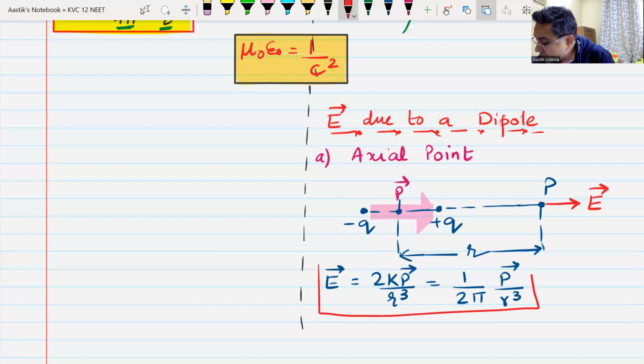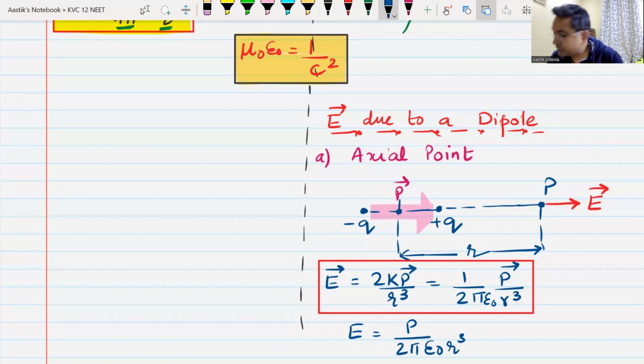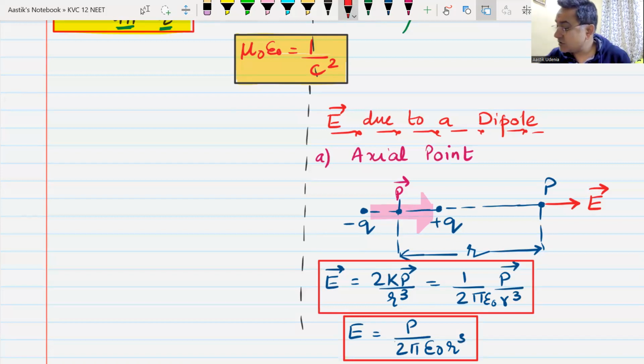If I don't want to write it in vector form, I can simply write electric field will be p by 2 pi epsilon naught r cube. That was the formula of electric field due to an electric dipole at any axial point.